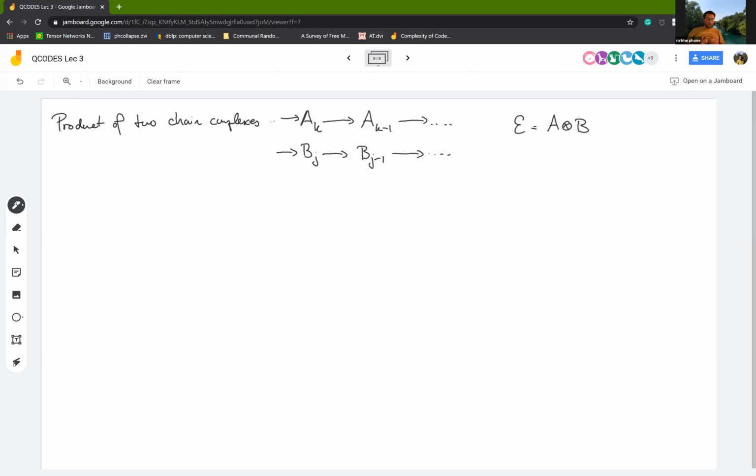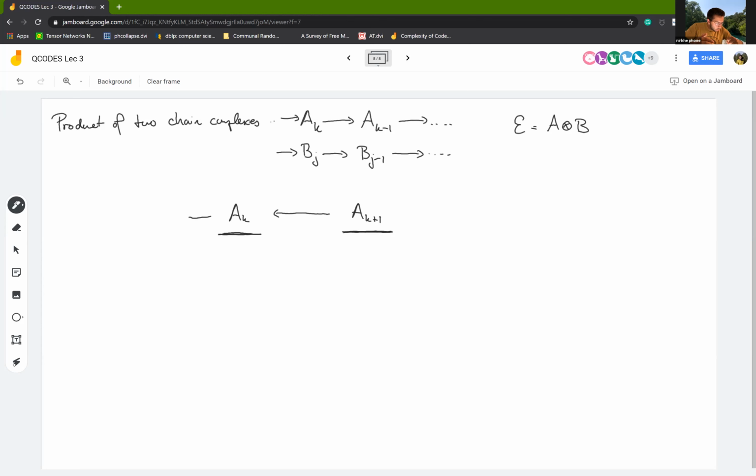Okay, so there's a nice picture that one should generate when thinking about this product of cell chain complexes, and it's the following one. So I draw A_{k-1}, and I'm going to think of this as a set. So this is the set A_{k+1} here. Okay, there's a boundary map here, and it takes me to A_k. I'll think of that as a set here.